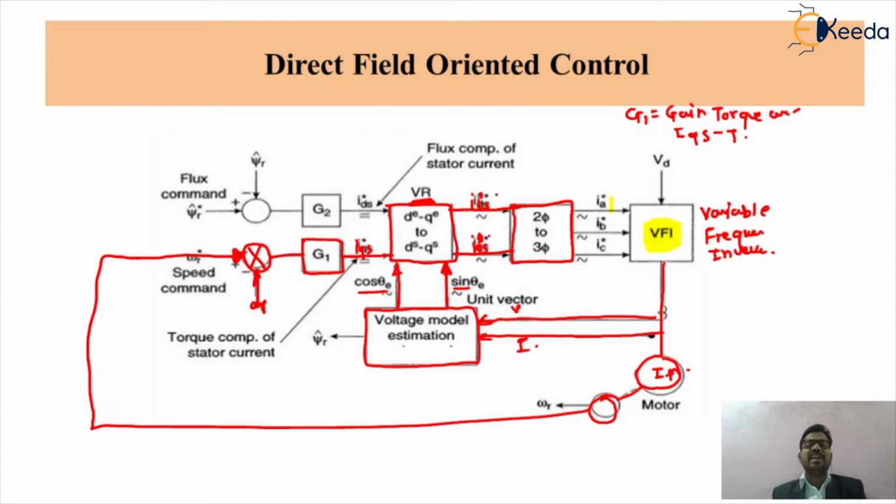From this block we get the values of IA, IB and IC. Now we give this supply to the inverter circuit, and with the help of that variable frequency inverter circuit we supply your induction motor. So this is the first part, for controlling your torque.